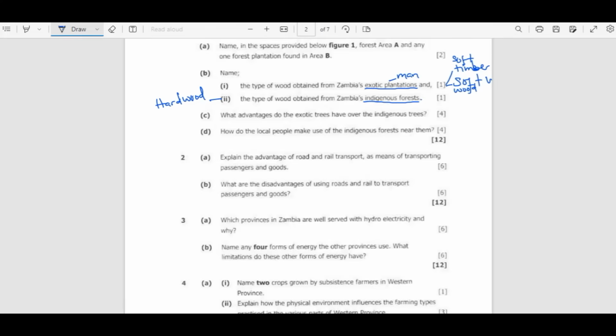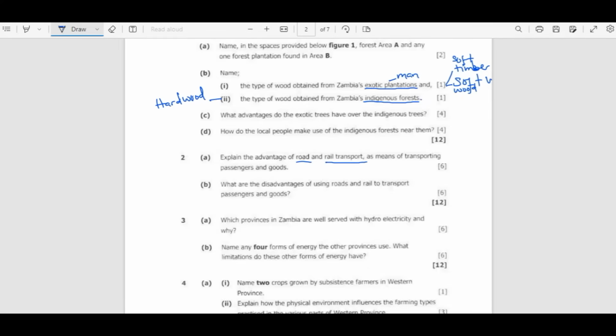So let us move to question 2, which is: explain the advantages of road and railway transport as means of transporting passengers and goods. So we are looking at 2 modes of transport. So number 1, road, and then number 2, railway transport.